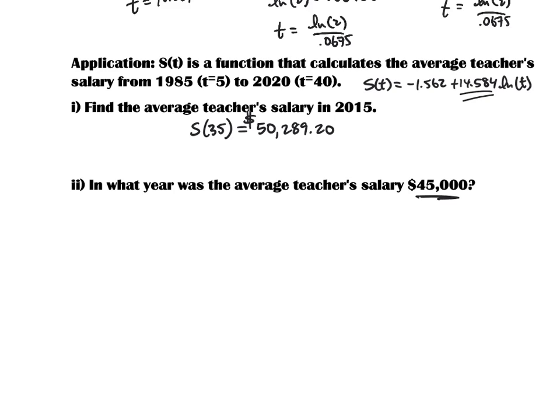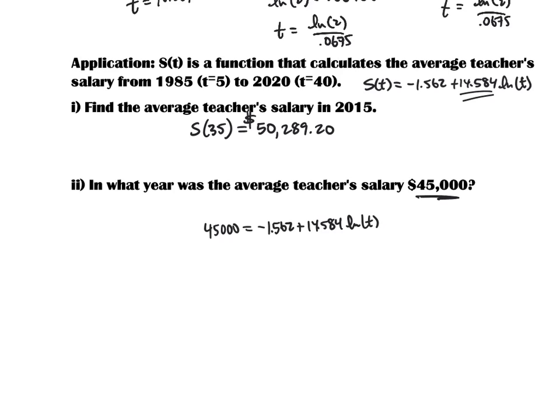So what I would do is take 45,000, set it equal to the function, and solve for t.